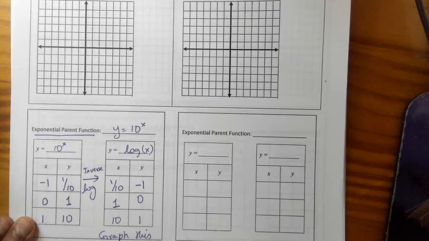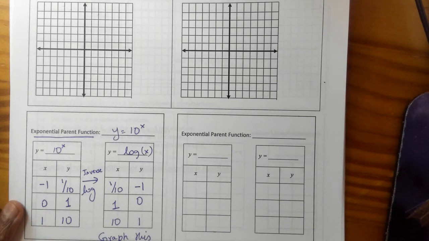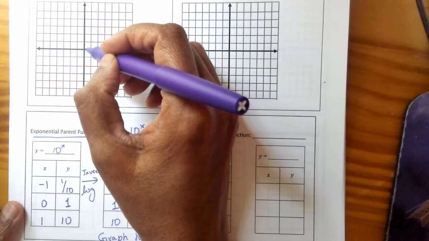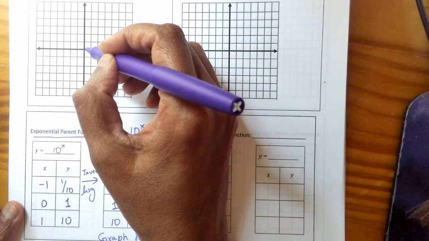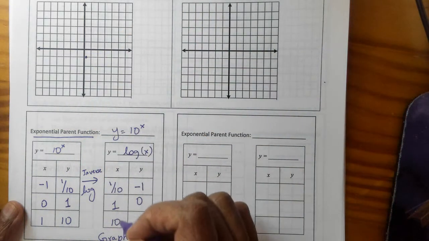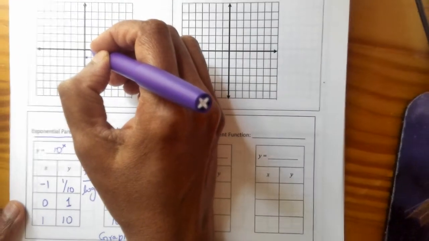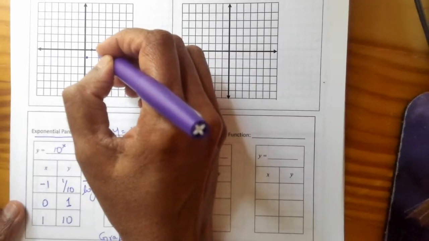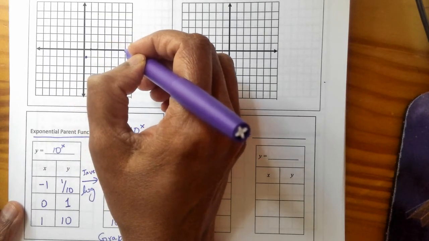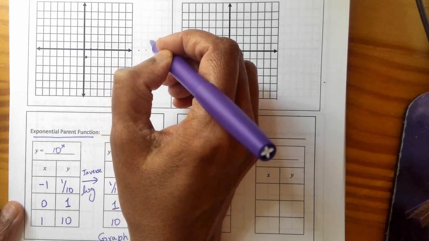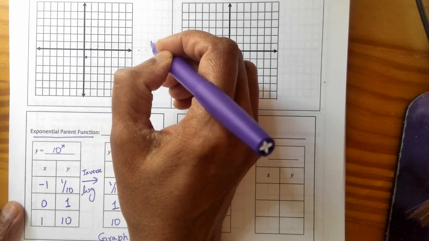So we're going to graph this lightly. When x is 1/10, my y is negative 1. So 1/10 is really close to 0, y is negative 1. This is my light point. And then x equals 1, y equals 0. And then x equals 10, 1, 2, 3, 4, 5, 6, 7, 8, 9, 10, and y equals 1, so somewhere here.